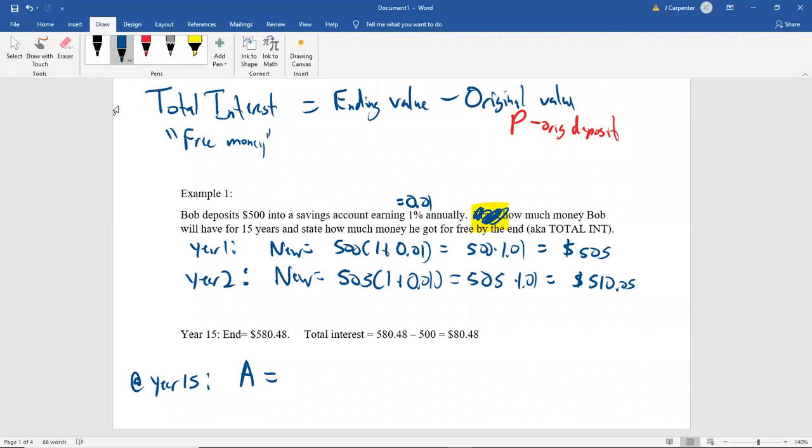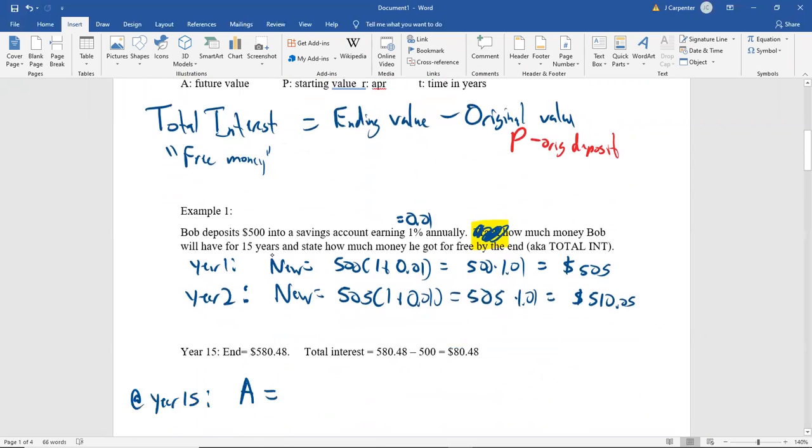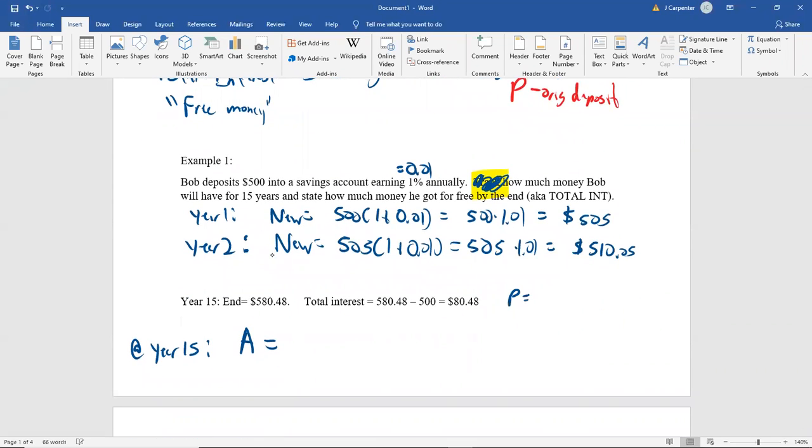This is the product of the principal, which is the initial deposit, that's the 500, so I'll label things. P equals $500. R is 0.01 and T is 15. The interest rate is 0.01 because 1%, the T is 15 because 15 years. So we go 500 times 1 plus 0.01 raised to the 15.